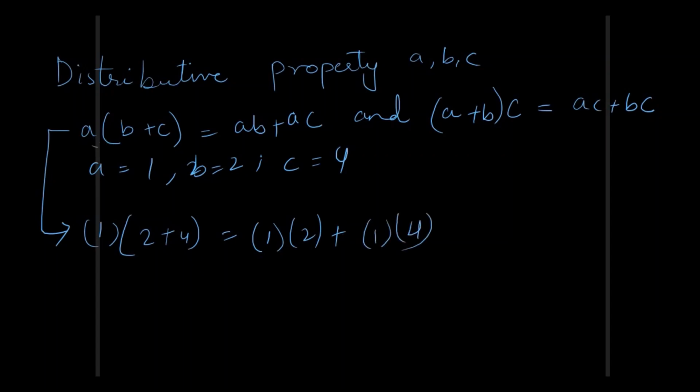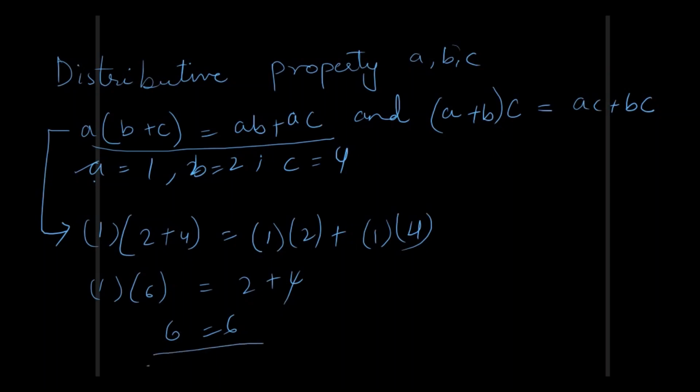We are just using this one, with A equal to 1, B equal to 2, C equal to 4, we are substituting the values, and we are checking whether the two distributive properties of real numbers will satisfy or not. So 1 times 6 equal to 2 plus 4, 6 equal to 6. So here it satisfies. Let's see with this one.